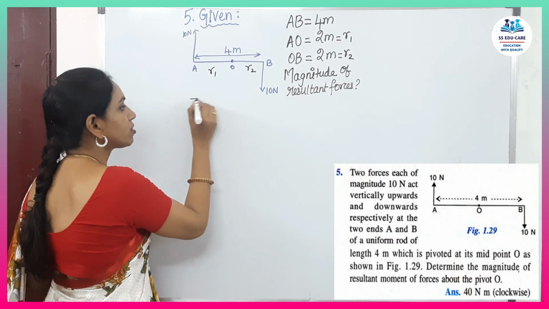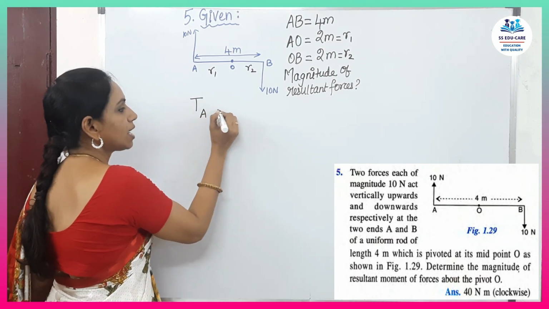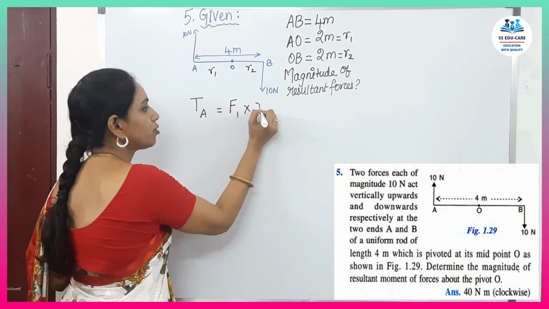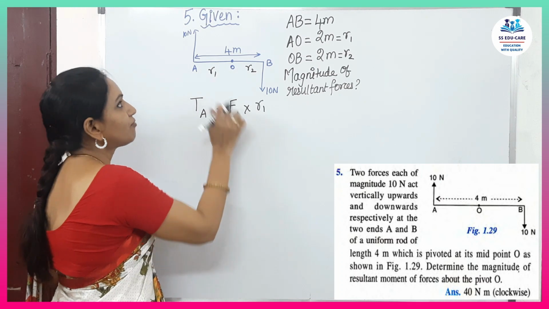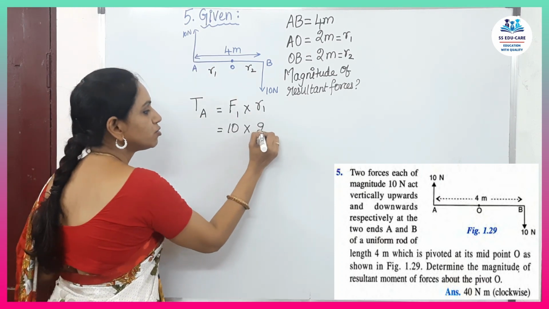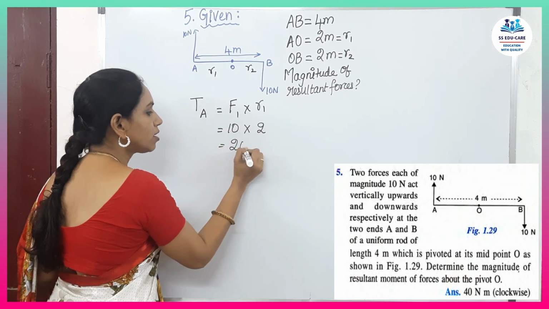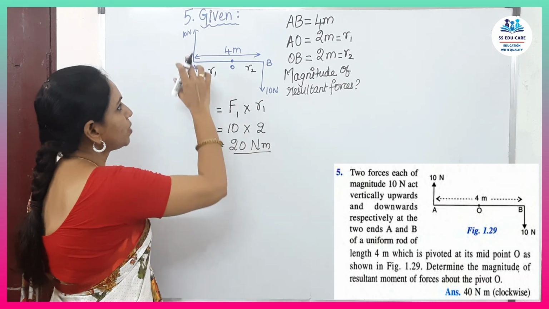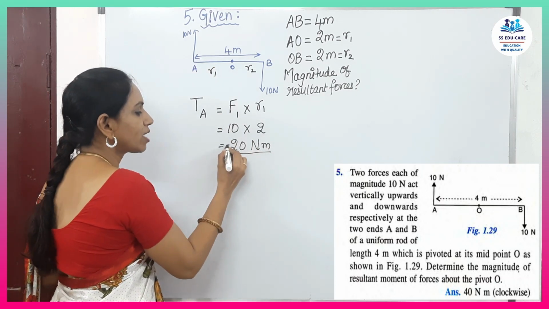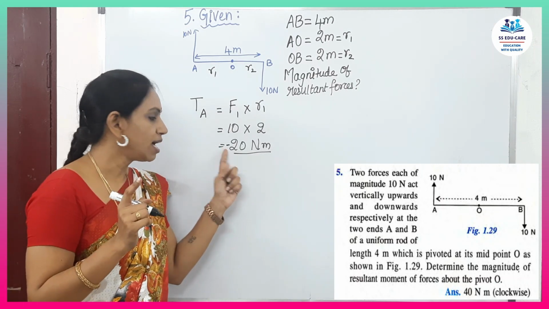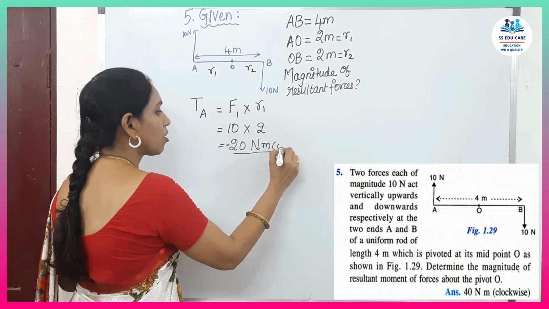Now let's find the moment of force at point A, which is equal to F1 into R1. F1 is 10 Newton into R1 is 2, which is 20 Newton meter. This 20 Newton meter is moving clockwise. For clockwise, the sign convention will be negative.